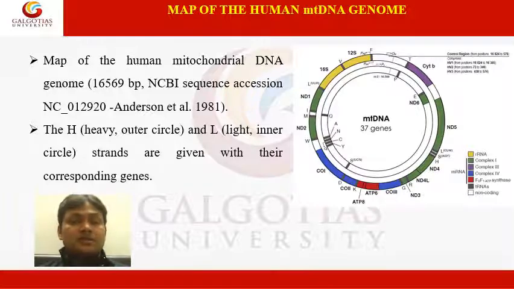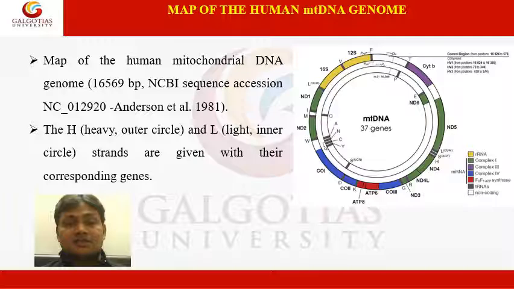Now you can see the map of the human mitochondrial genome. In this picture you can see the map of the human mitochondrial DNA genome, which is around 16,569 base pairs long, and this is the NCBI, National Center for Biotechnology Information, sequence accession number NC_012920, Anderson et al. 1981, meaning the sequence was submitted by this scientist in 1981.